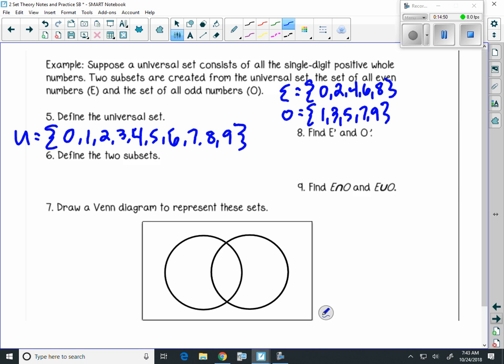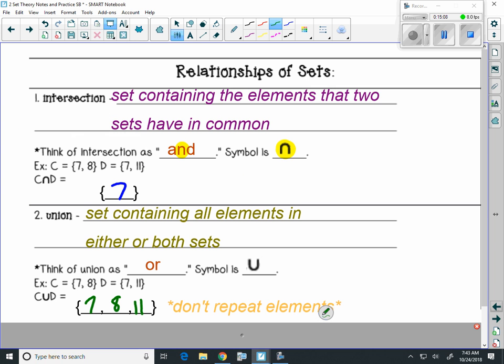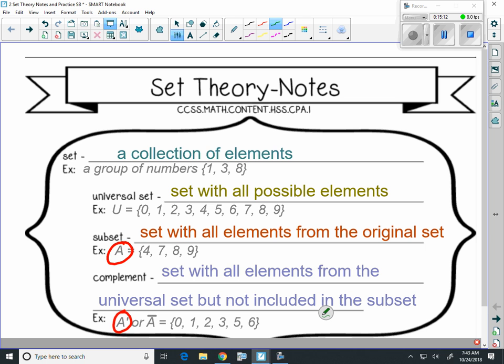What's a complement? When we're writing a complement of a subset, we're going to write E prime. What are we looking for? The complement is the set of all elements from the universal set but not included in the subset.